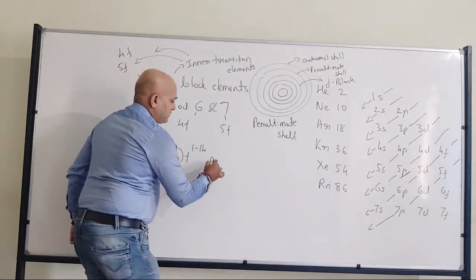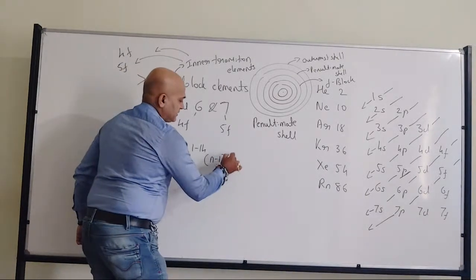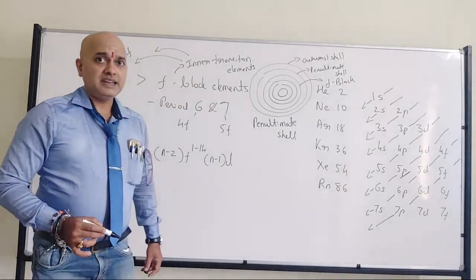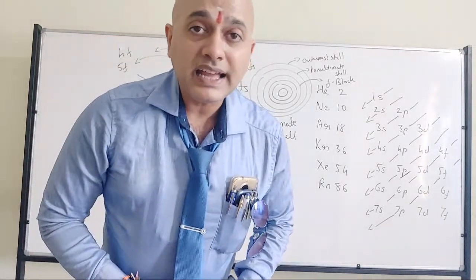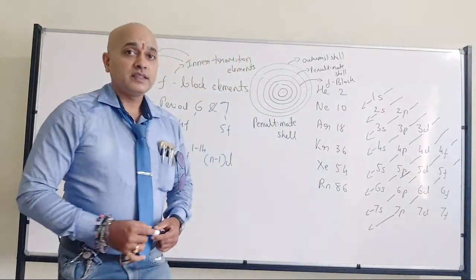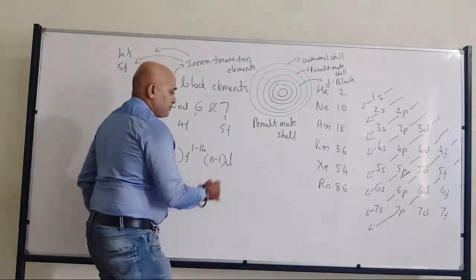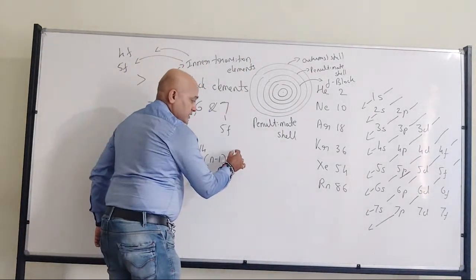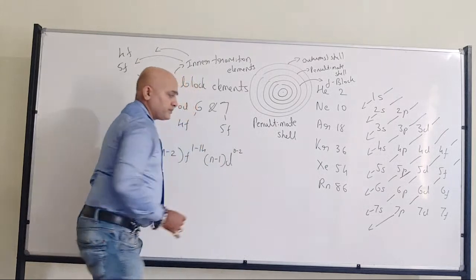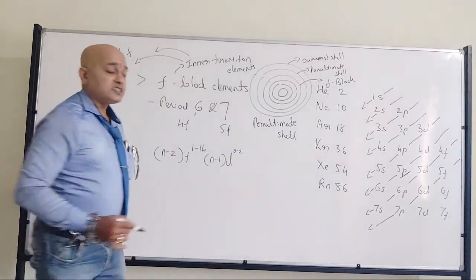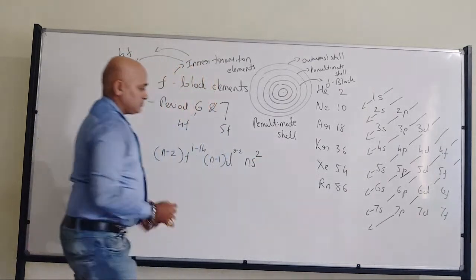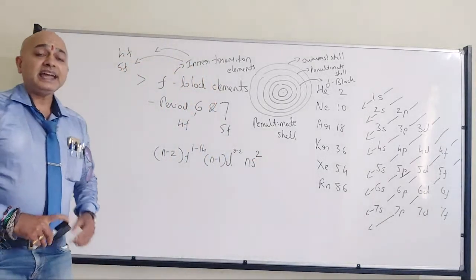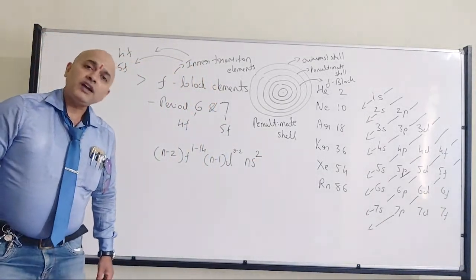Then comes (n minus 1) d. So how many electrons can I accommodate here? It can be 0 to 2. Then comes the ns2.